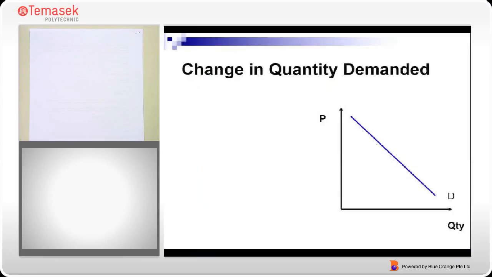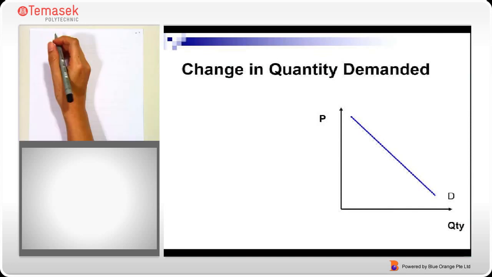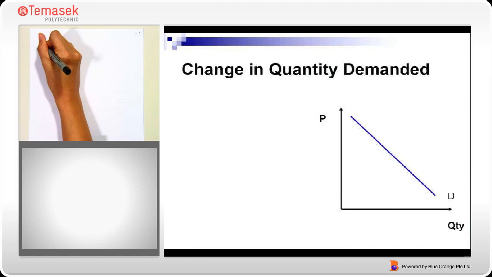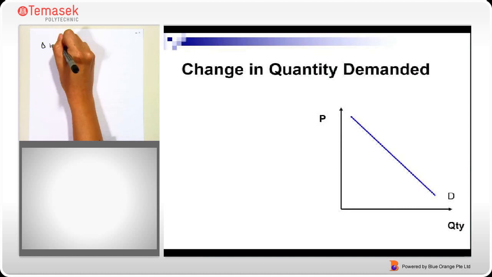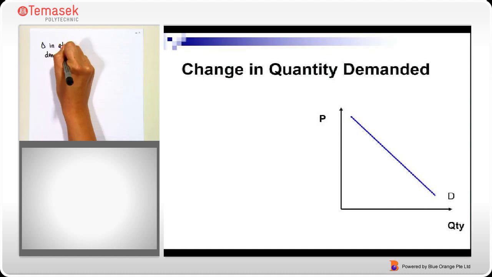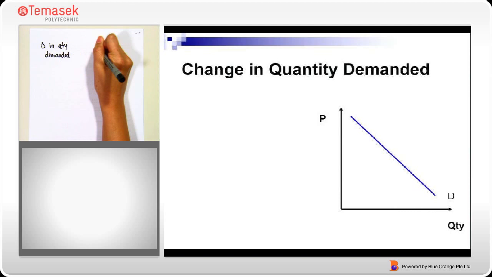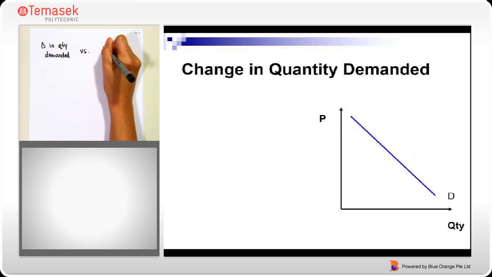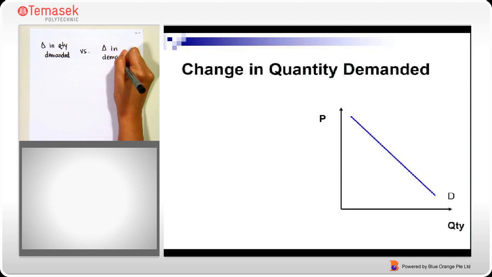So for the first topic on demand and supply, basically we want to know what is the difference between change in quantity demanded versus change in demand, right?